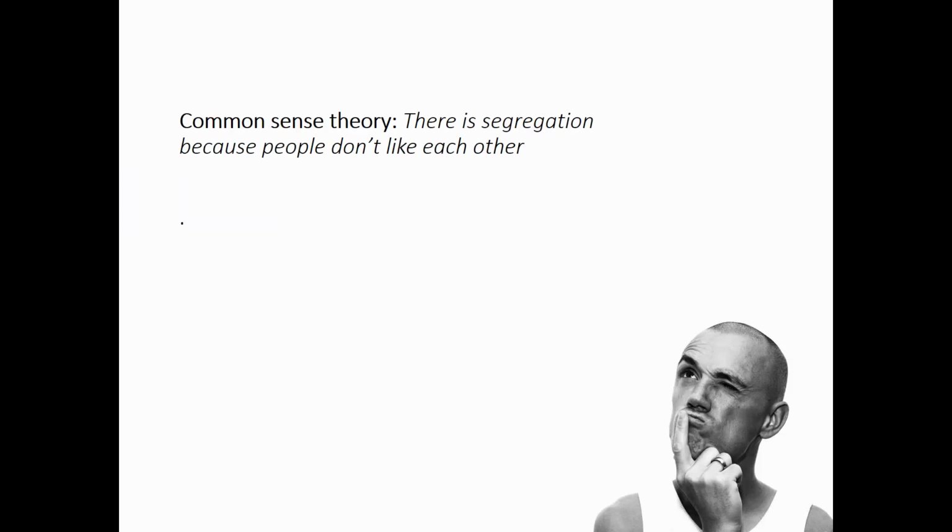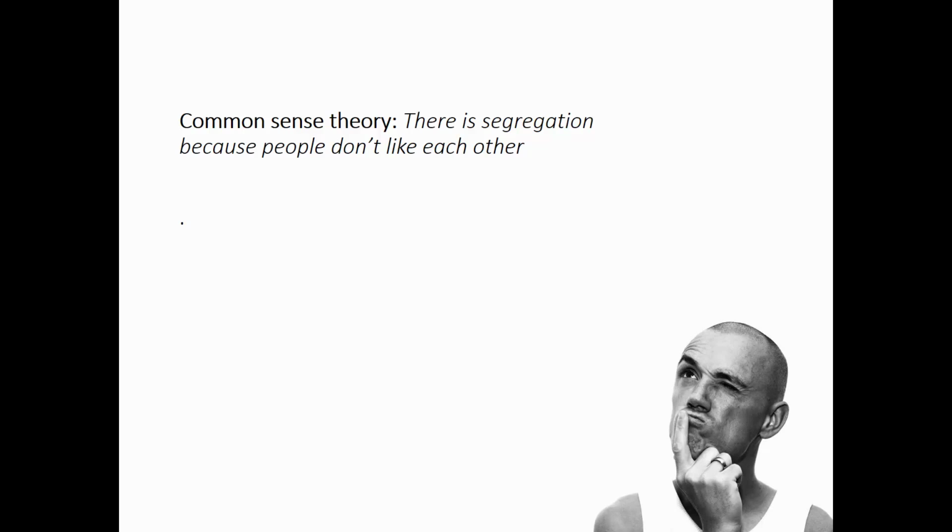So what would be a common sense explanation for that? Yeah? If you had not come to this class by accident on a Tuesday morning, or whatever, what would have been an explanation you would have come up with? And it's pretty straightforward. Common sense explanation is there is segregation because people don't like each other, right? That's what we immediately think about.